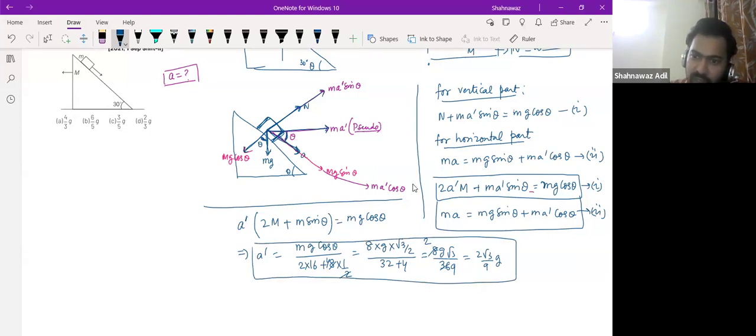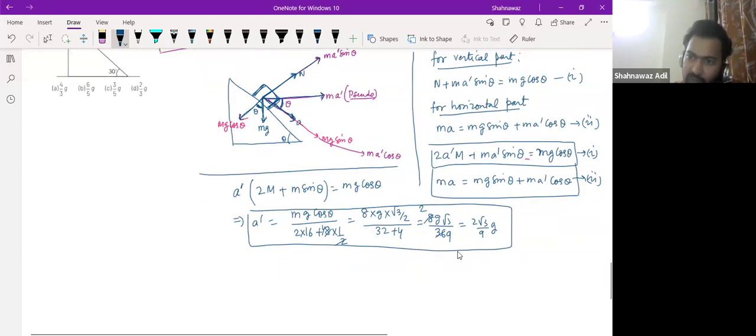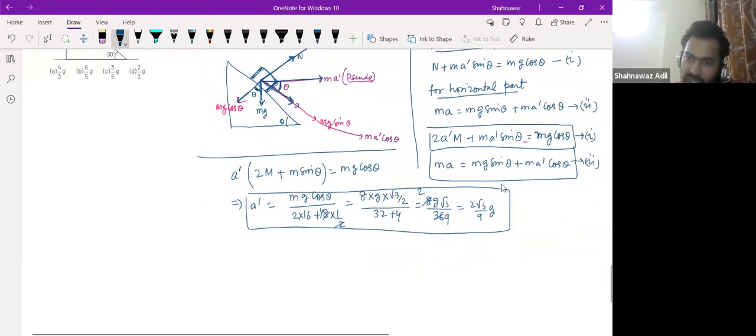And if we put this value in here, so what we will get? So we have m, and in this one, m will cancel. So we have A, which is g sine theta, right? Sine theta is half. And then A prime, which is 2 root 3 by 9, and then g.